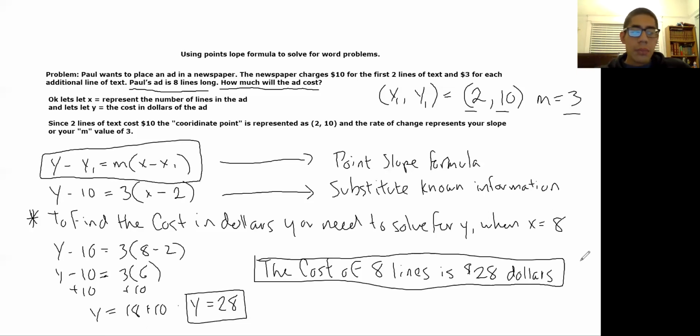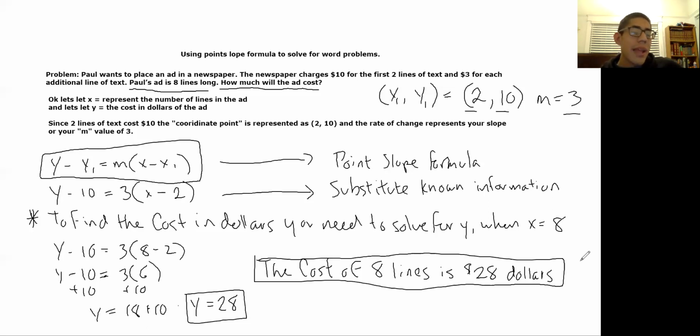All right, so now when we plug it in, y minus 10 is equal to 3 times (8 minus 2). So then y minus 10 is equal to 3 times 6. I kind of skipped a couple steps here and did them out of order, but 3 times 6 is equal to 18.